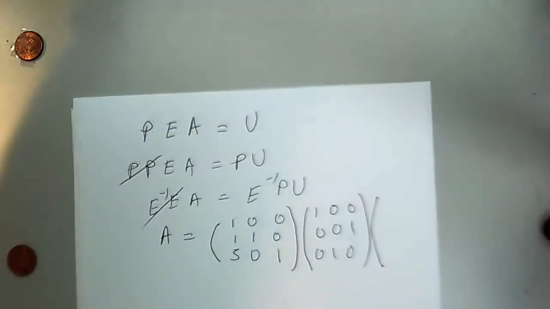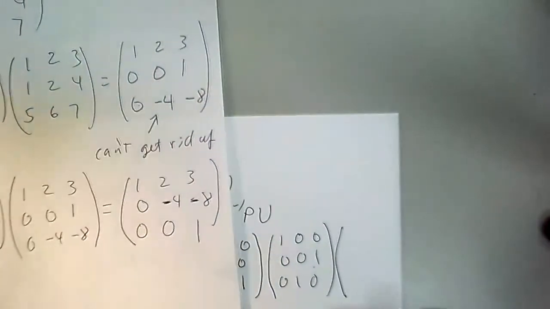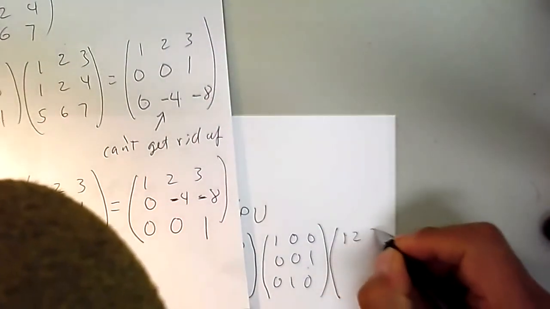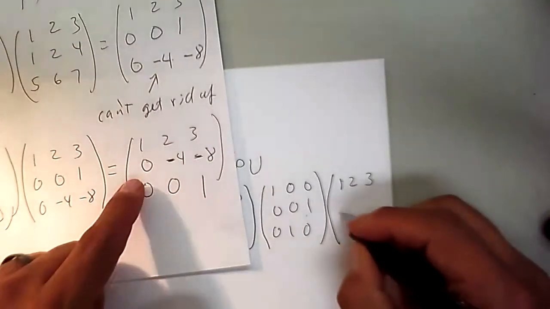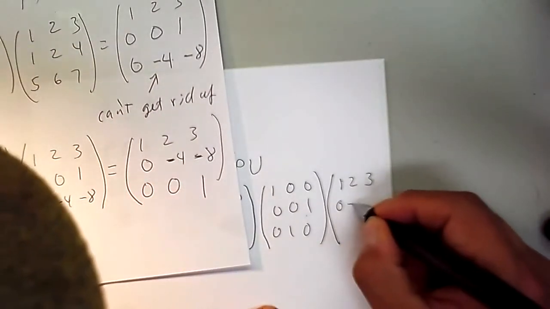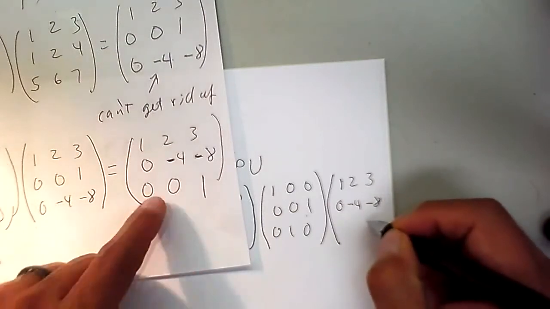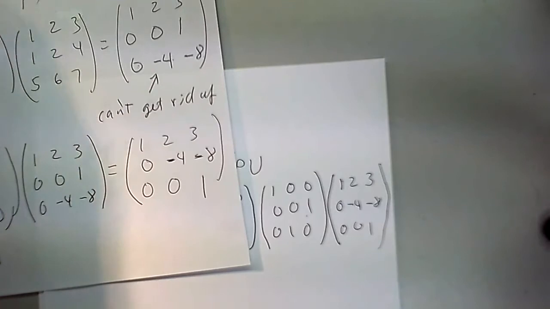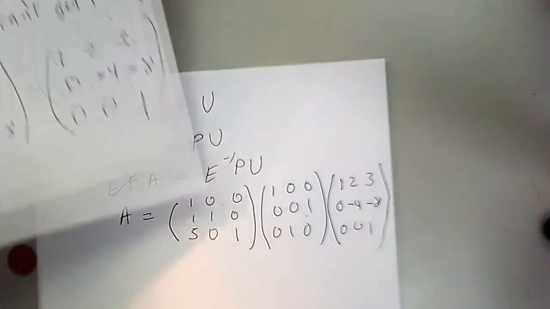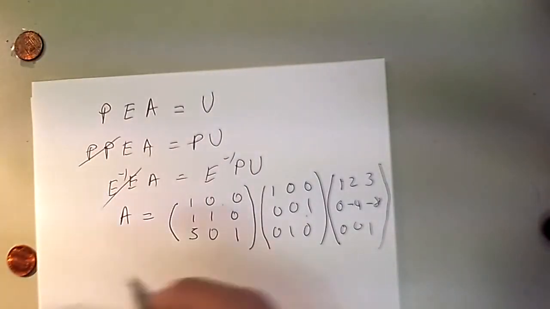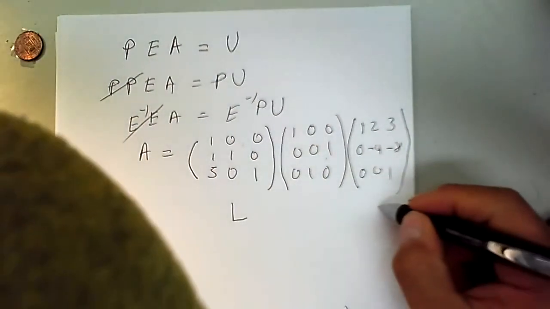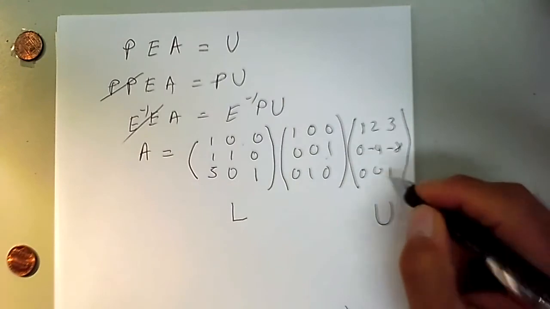Where's the upper triangular matrix? I lost it. It's up here still. This one, 1, 2, 3, 0, -4, -8, 0, 0, 1. So we have a lower triangular matrix, an upper triangular matrix.